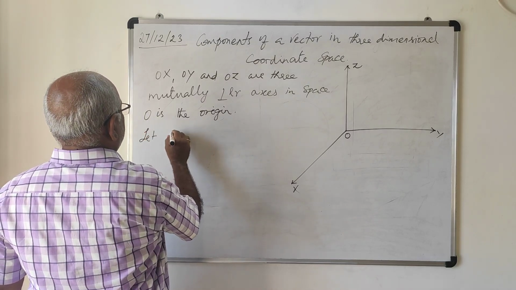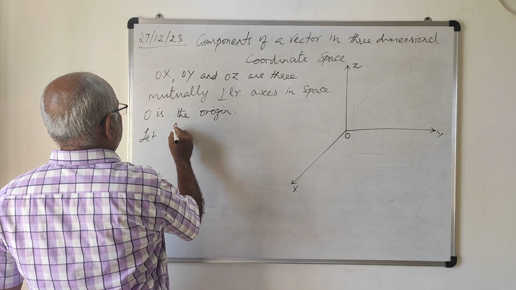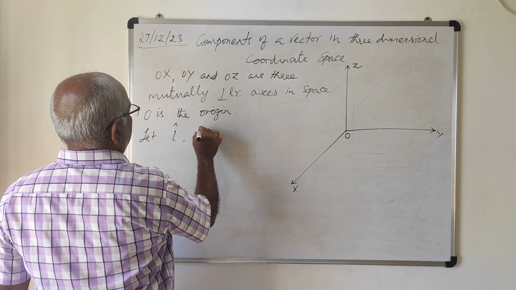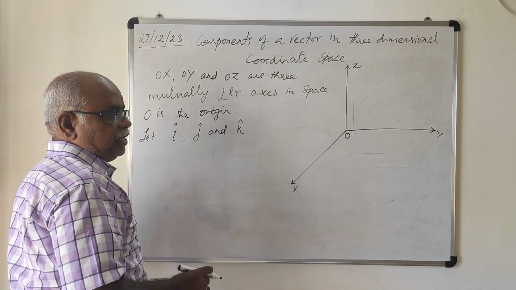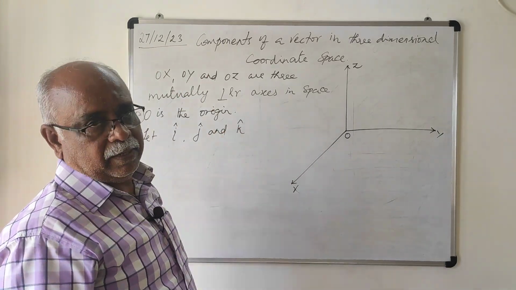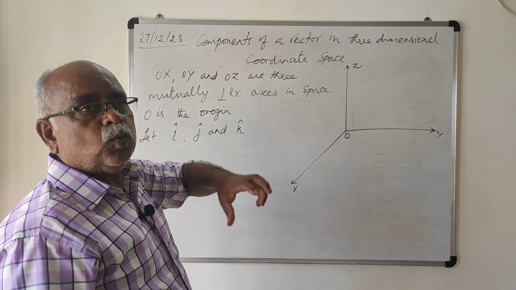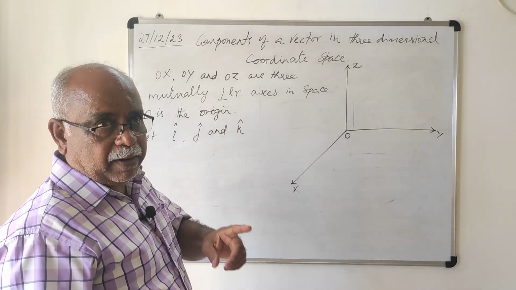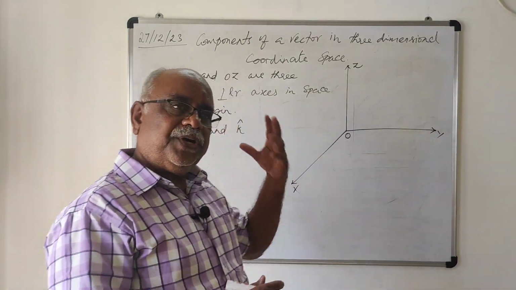Let I cap, J cap and K cap. The cap notation, I already told you, represents the unit vector. I have given a definition for a unit vector. A unit vector is a vector whose magnitude is 1 and it can be represented by the cap notation. We have seen this in the definition of a unit vector.